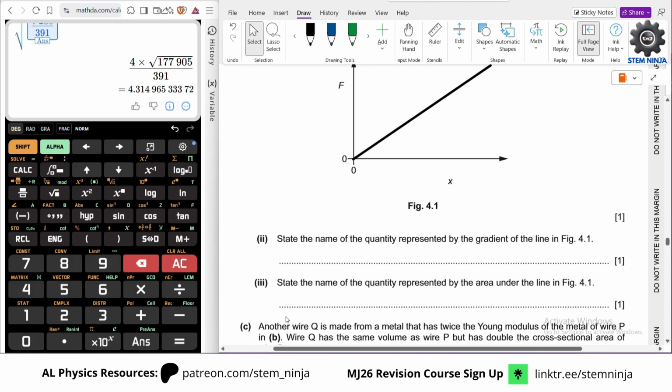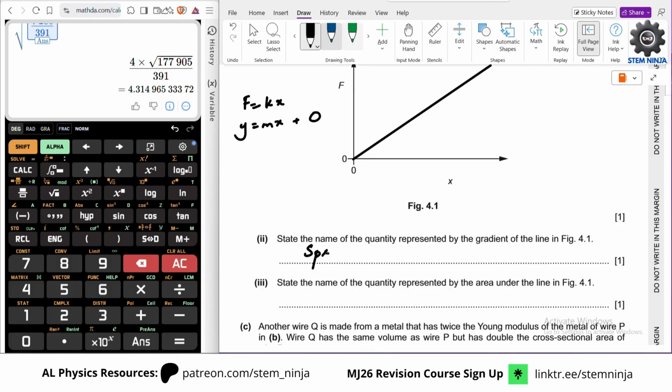State the name of the quantity represented by the gradient and state the name of the quantity represented by area. So this is straightforward. F is equal to kx, which is sort of like y is equal to mx because the y-intercept is 0. So m is the gradient, so k is the gradient, and k is the spring constant.